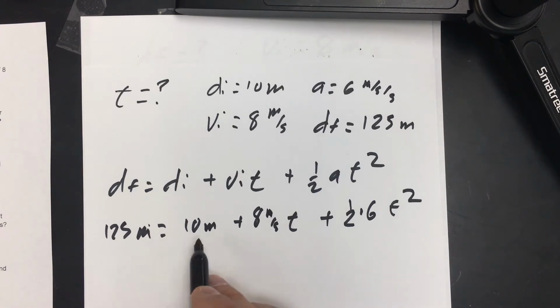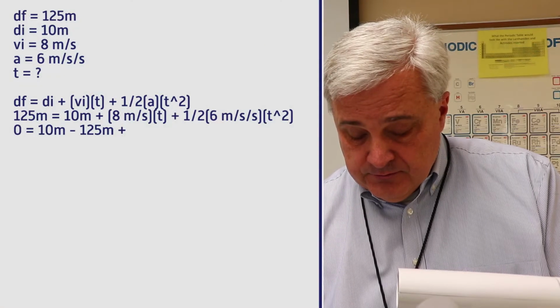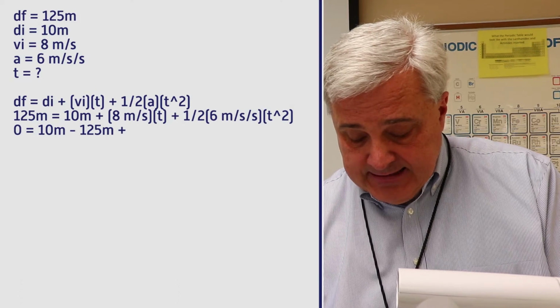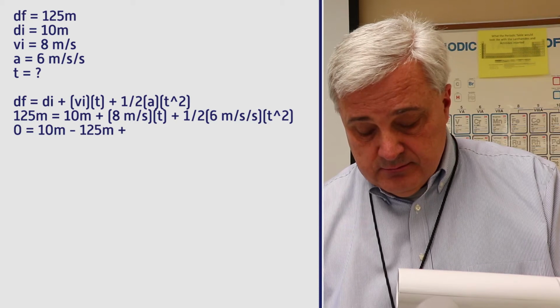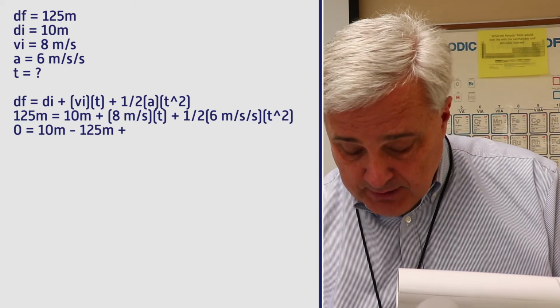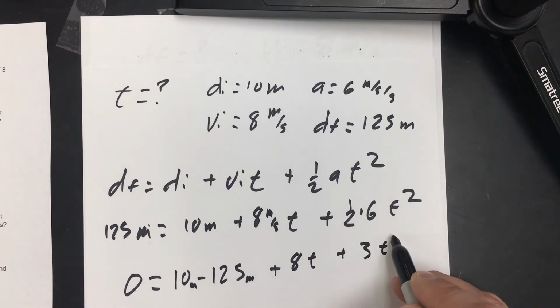We're going to solve for 0. 0 equals 10 minus 125, and that's meters, plus 8 meters per second t, plus 3 t squared.